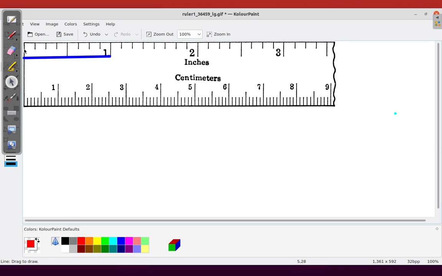If I go from here to here, you notice this is half of the 1 inch. So this is half inch. Then I come here, half of that half. How many is that? Let's see how many that is.